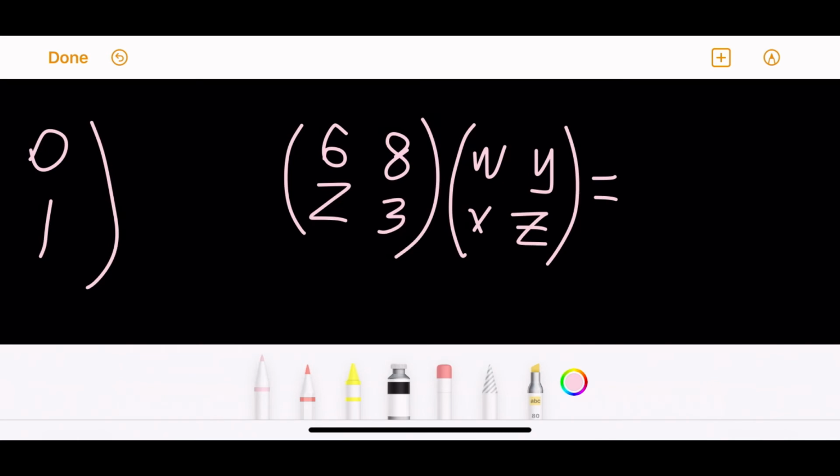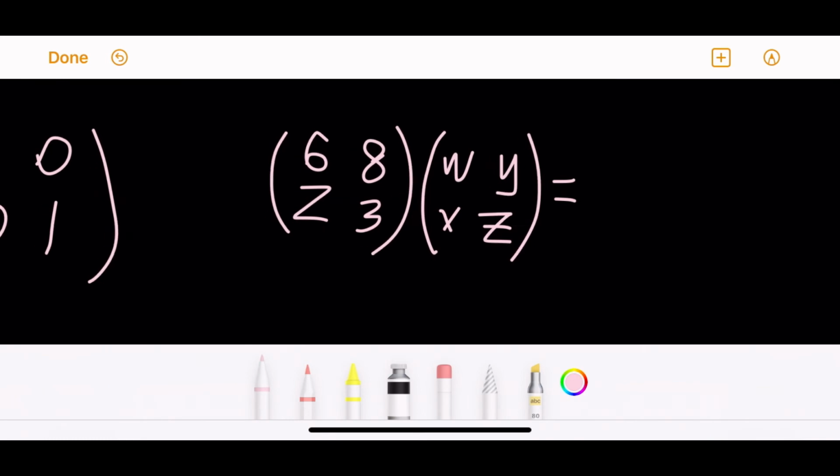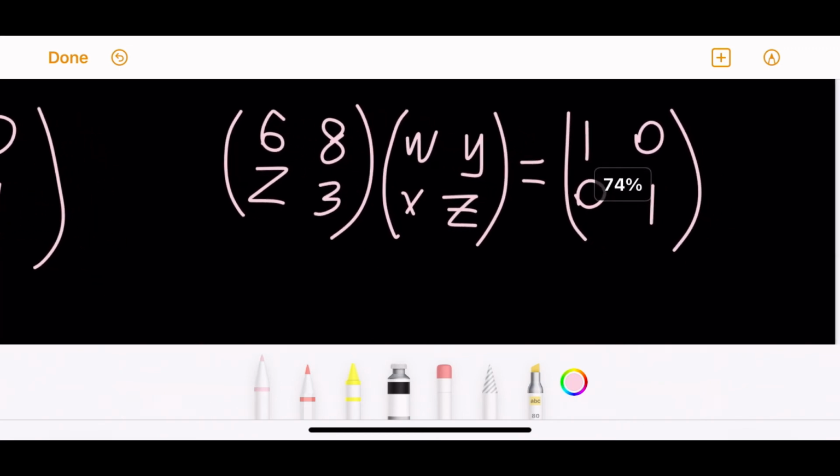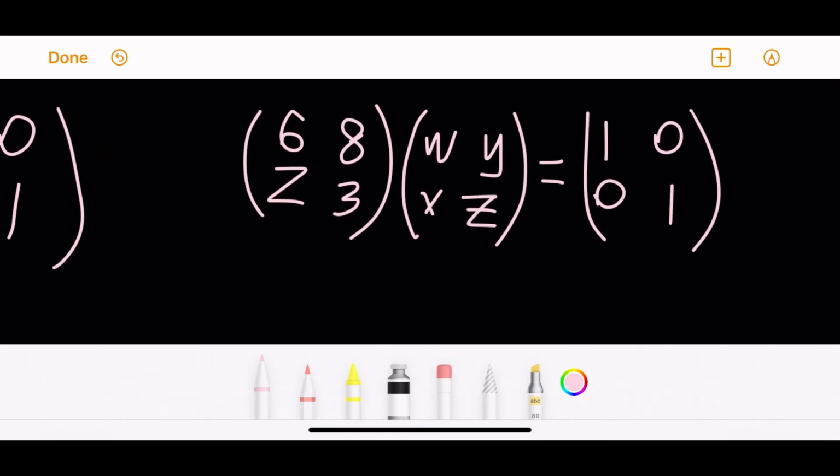And then I will let it equal this identity matrix that we looked at, which is 1, 0, 0, 1. Because we know when we try to find the inverse of a matrix, when we multiply that inverse by the original matrix, we will get the identity matrix.